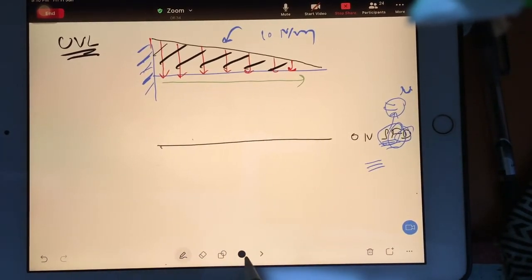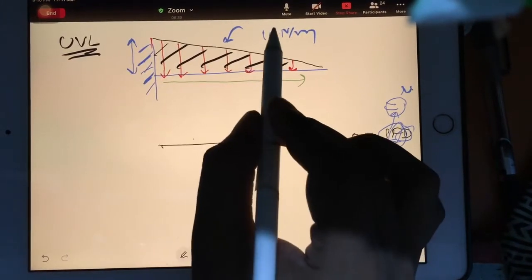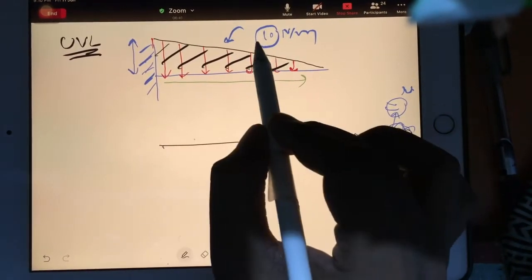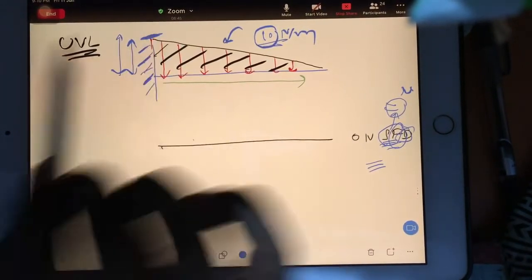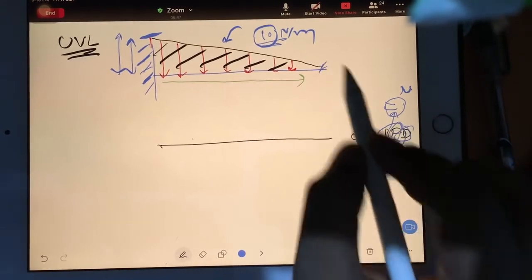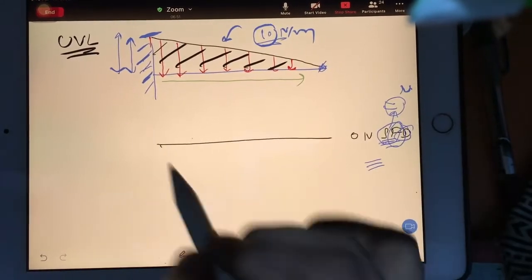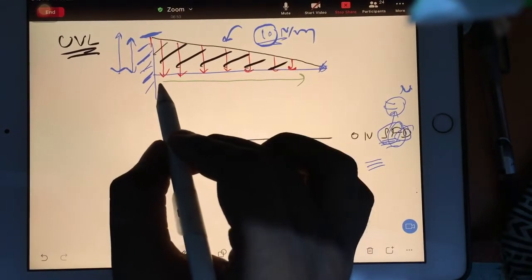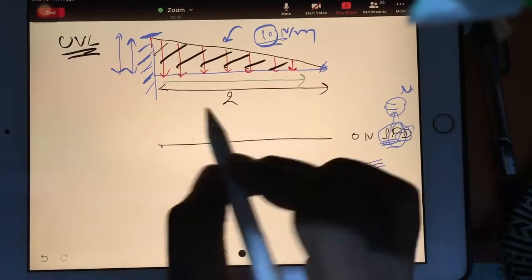How to find the entire area? This height will be given, which is this 10 Newton per meter. It means the maximum height here is 10, because at this end it is 0. To find the area, we should know the base. Suppose the base is 3 meter.